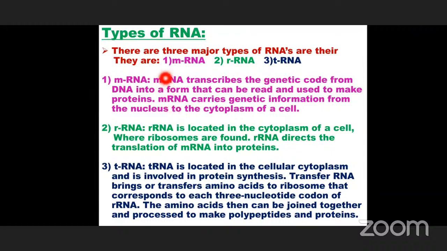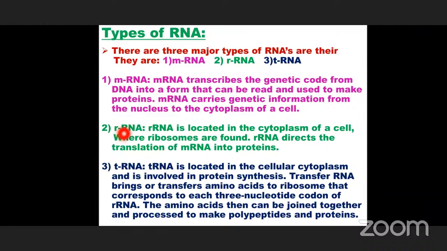That synthesized mRNA carries the genetic information to the cytoplasm because protein synthesis takes place in the cytoplasm and the ribosomes. Ribosomes are sites for protein synthesis. This is about mRNA.